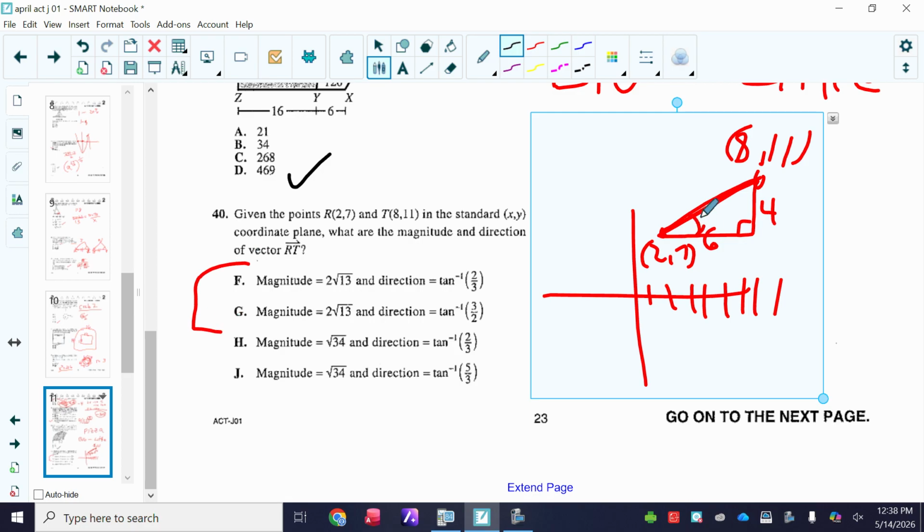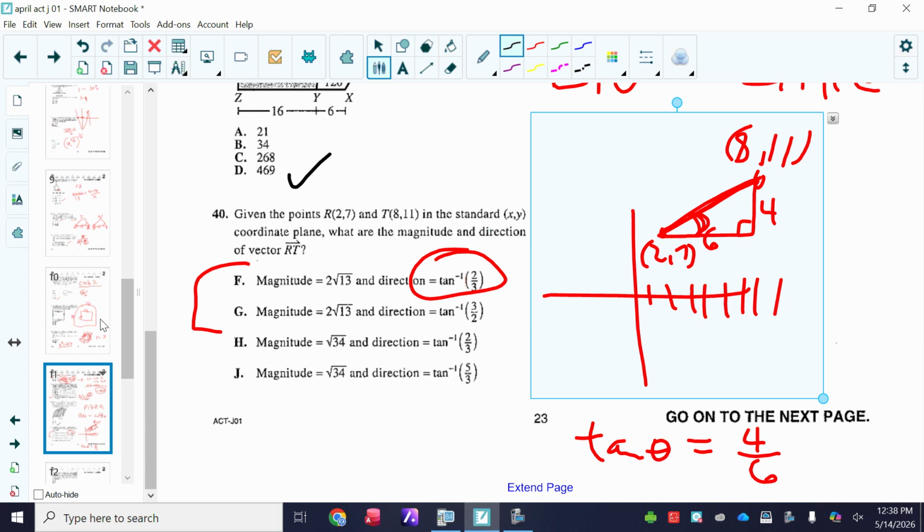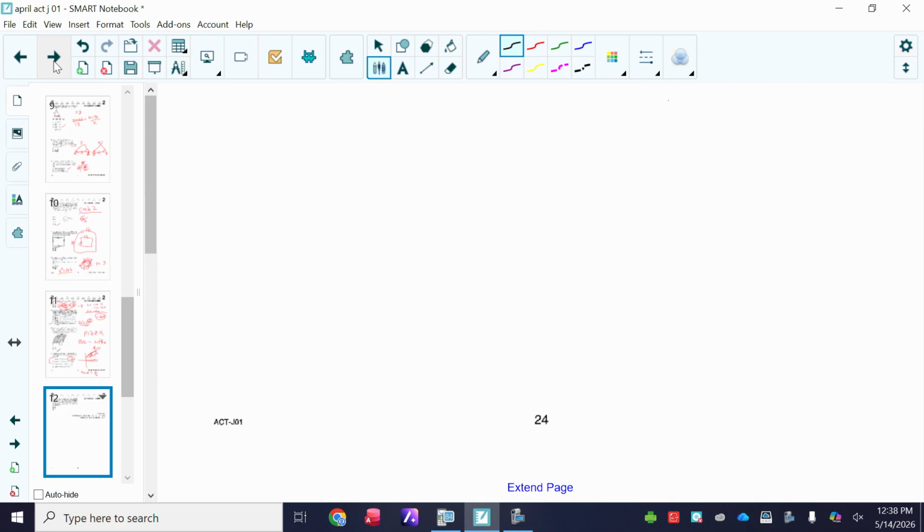And then the angle of the vector, the tangent once again, because it's opposite over adjacent, is 4 over 6, which is 2/3. So you can get all that by the right triangle multiplication and Pythagorean triples.